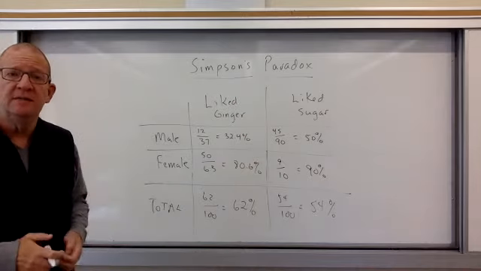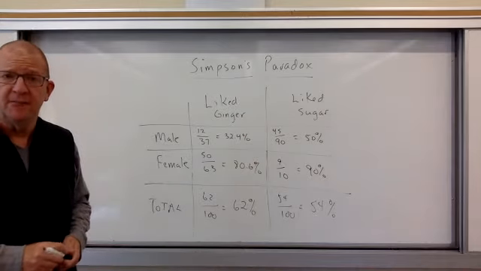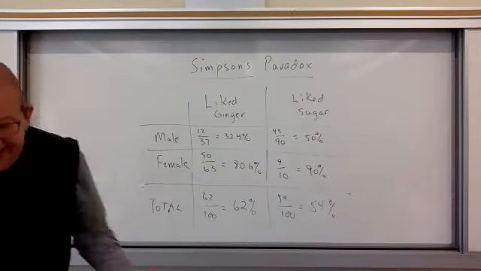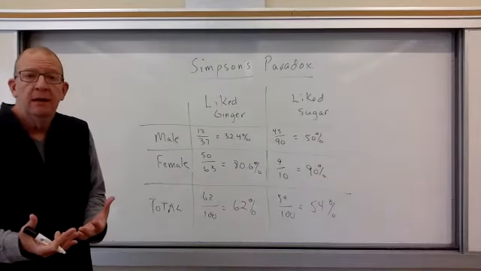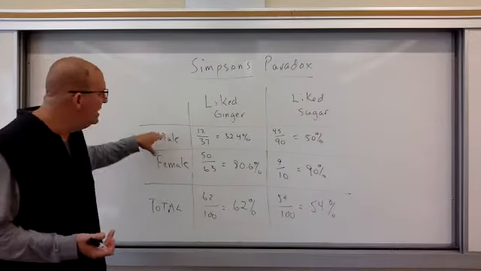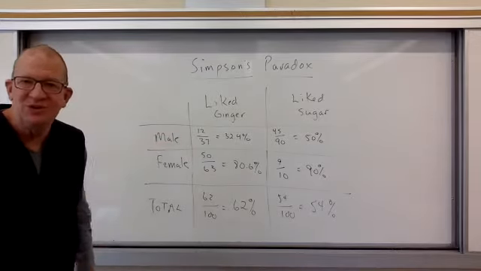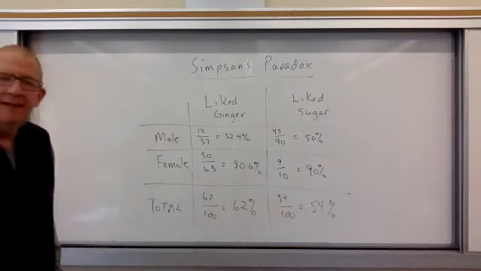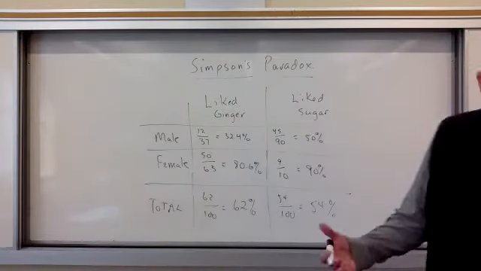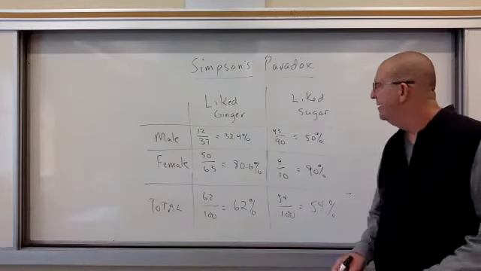And this, my friends, is Simpson's paradox. What happens is, when the data is combined, we get a different result than we do in each frequency distribution, don't we? This is Simpson's paradox. Something strange is going on here.